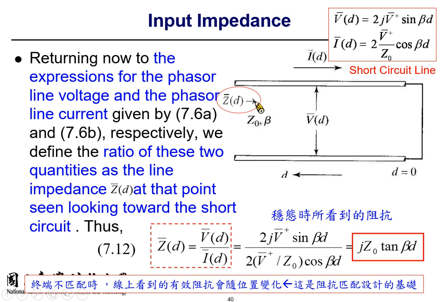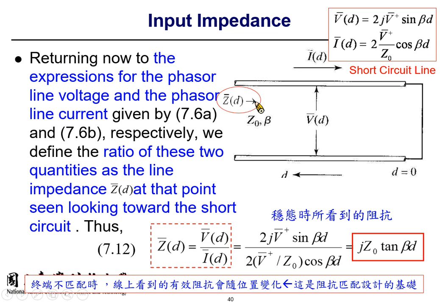And as I mentioned earlier, the physical implication of impedance is the ratio of voltage over current, right? So if the voltage and current signal are in phase, then the division will be a real number.